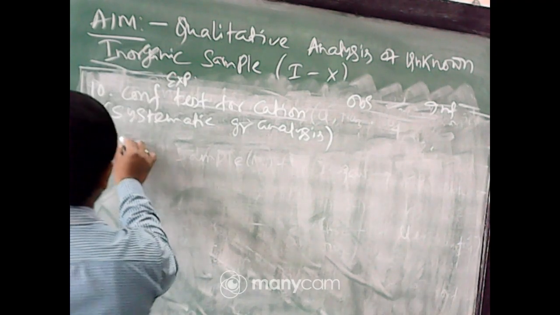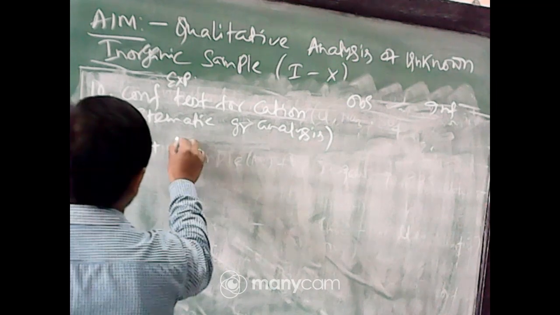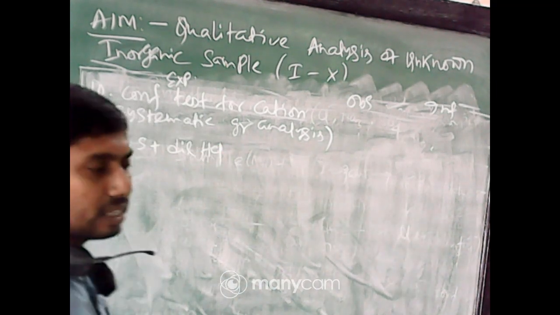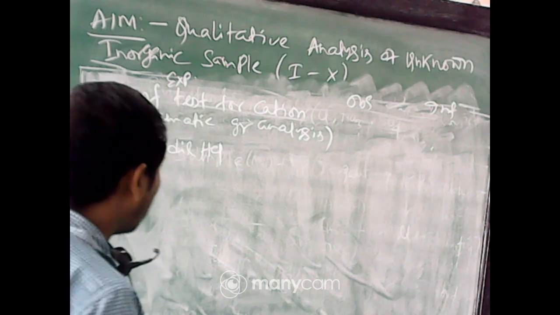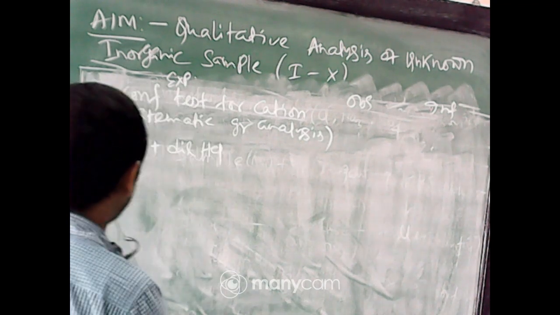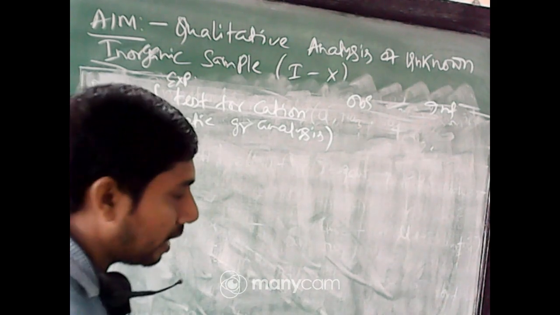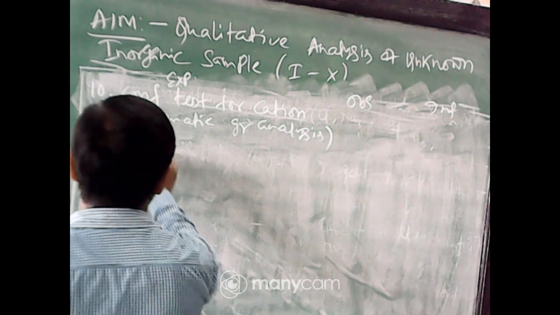So the first one: OS plus dilute HCl. This is the group reagent for group 1. But before going to the first one, just confirm whether NH4 is present, that is group 0.